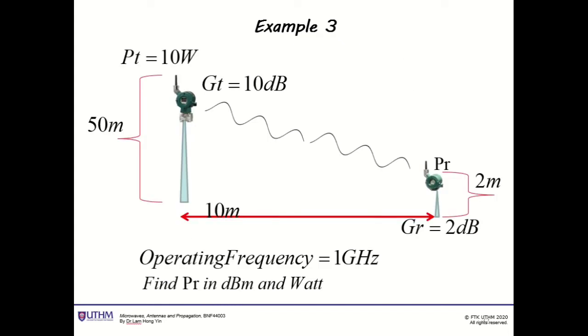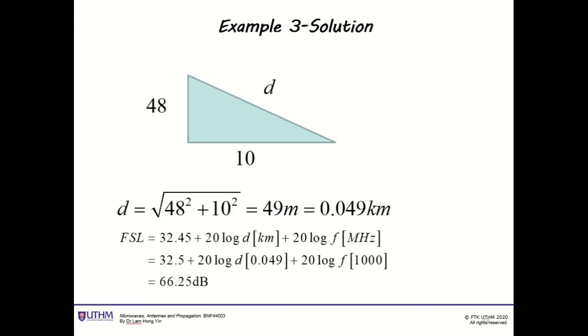So what happens if these two towers are not the same height? The transmitter tower has a height of 50 meters, while the receiver tower is 2 meters. So how do we calculate it? For this, you need to calculate the distance between these two antennas using the trigonometry theorem.